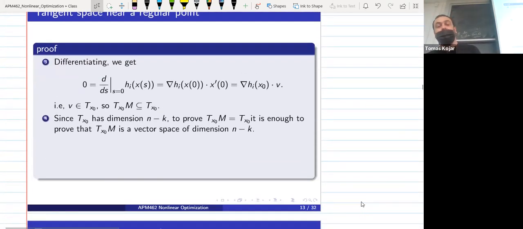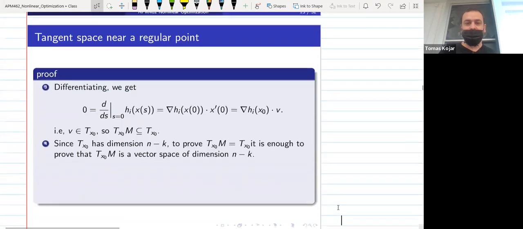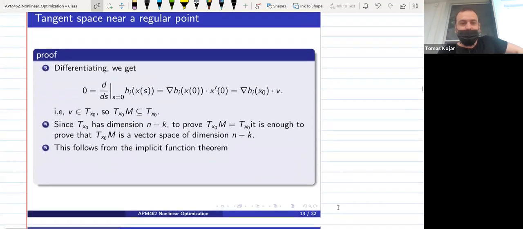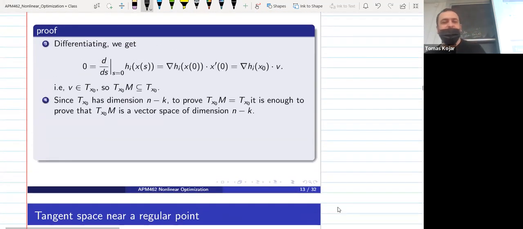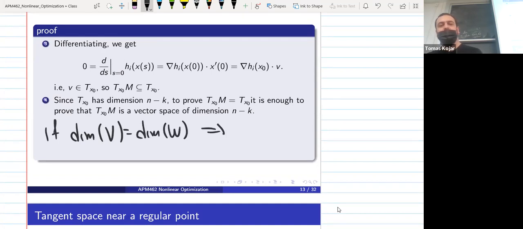Let me remind you of something from linear algebra. If dim V is equal to dim W, then V is W. Do you remember that? No?